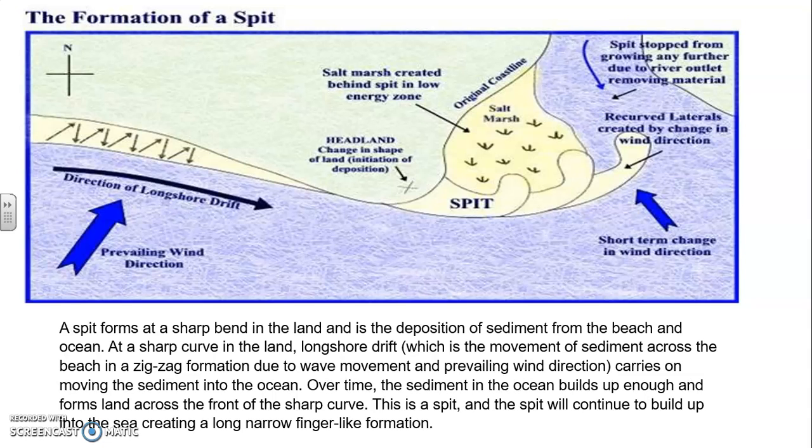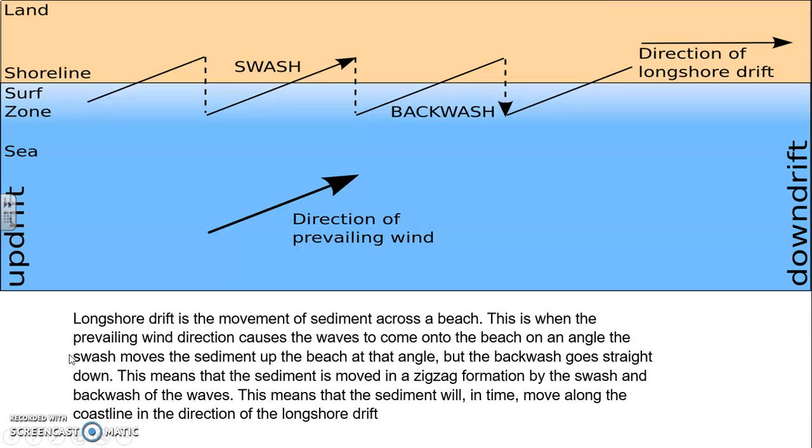The other question that we did look at was explaining what longshore drift is. So we've basically done that. That's where the waves approach the coastline at an angle because of the prevailing wind, and the swash, the movement up the beach, pushes the sand and sediment up the beach at the same angle that the waves are approaching.